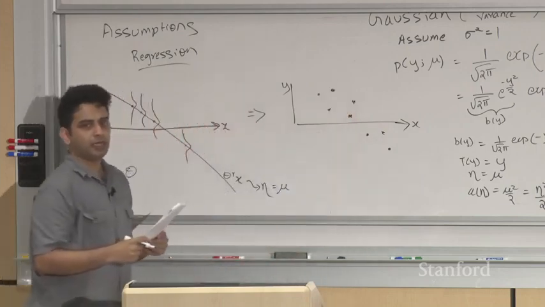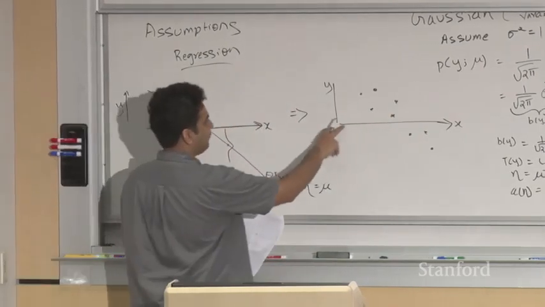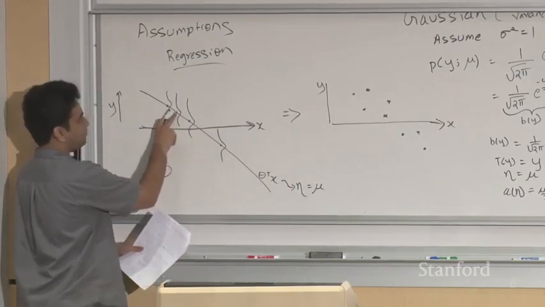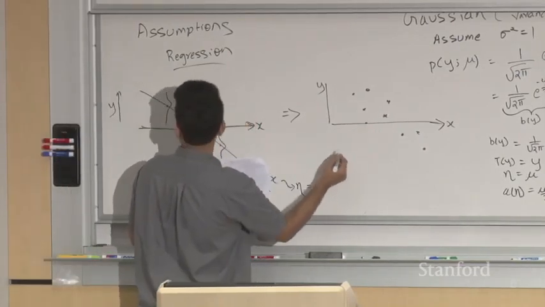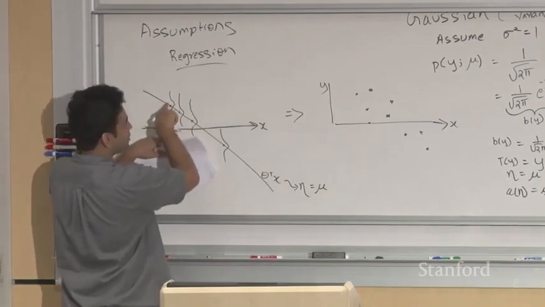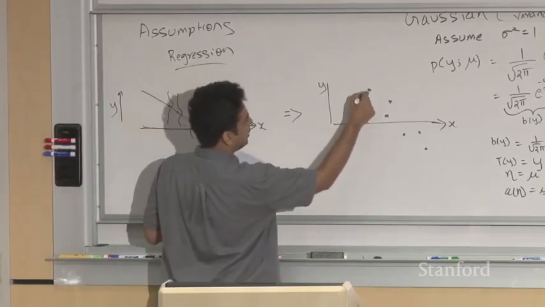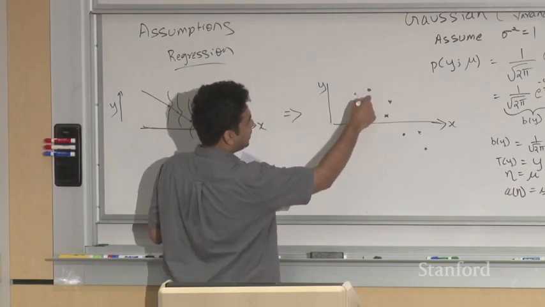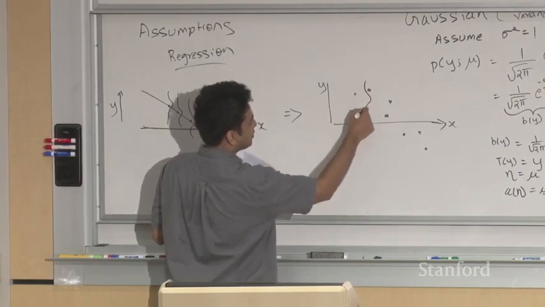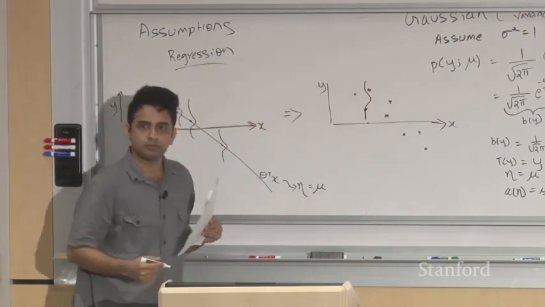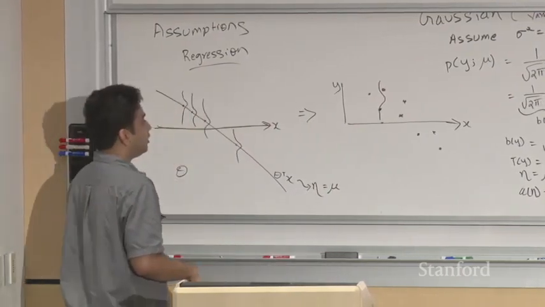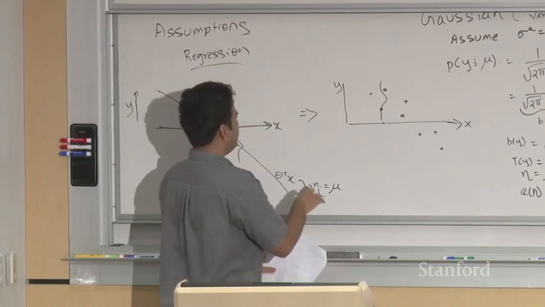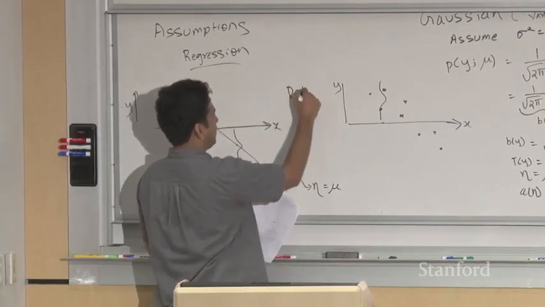The assumption here is that for every x, let's say for this particular value of x, there was a Gaussian distribution that started with a mean over here, and from this Gaussian distribution, this value was sampled. You're just sampling it from that distribution. This is how your data is generated. Again, this is our assumption.